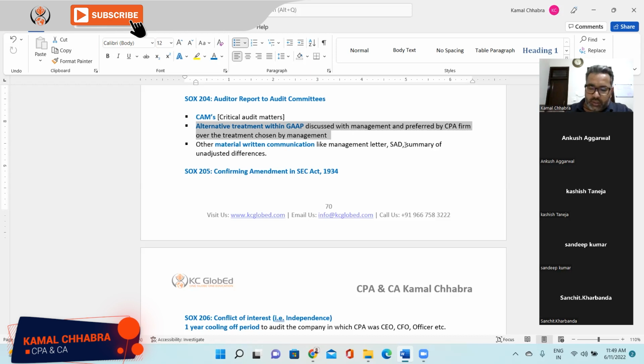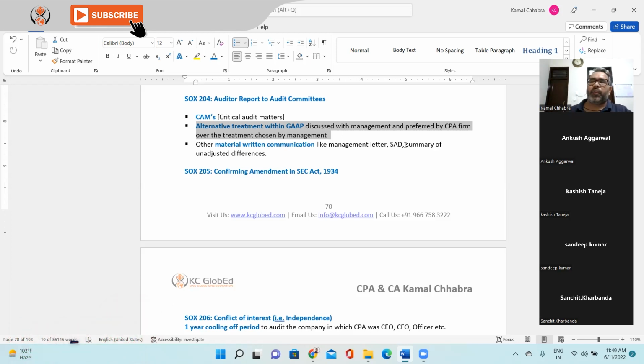In that scenario, you will issue a management letter, a recommendation letter, to help management improve their process by identifying those design and operation deficiencies and sharing your recommendation on what action management should take to close them. That is called a management letter. Make sense? What is a management letter?